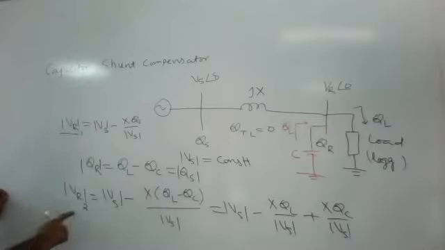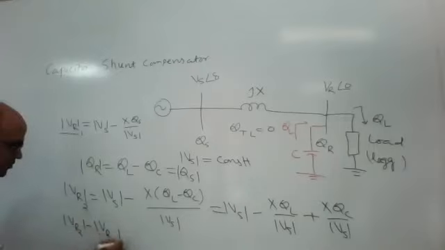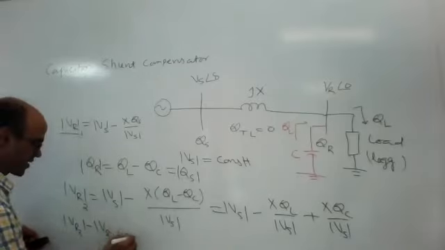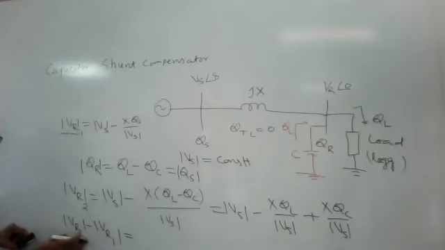If you subtract this equation from this equation, then we get Vr2 minus Vr1, the change in voltage. Vr1 is before the capacitor is connected, and Vr2 is after the capacitor is connected. So what is the change in voltage?